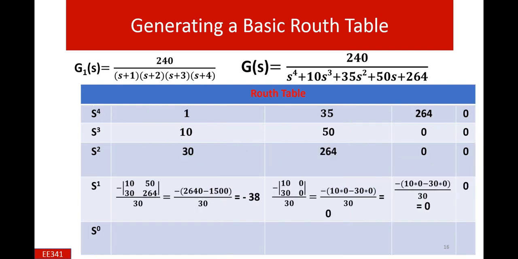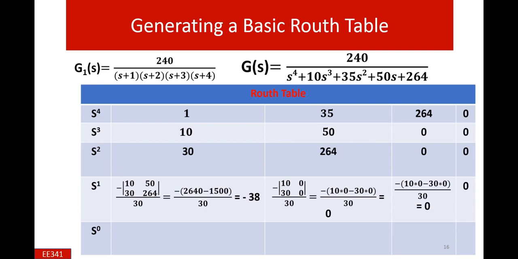Similarly, we can find the fourth row by using the above adjacent two rows, which are s raised to power 3 and s raised to power 2.